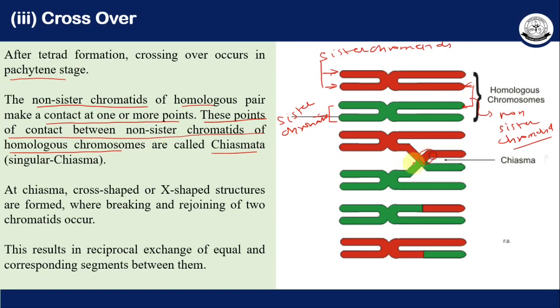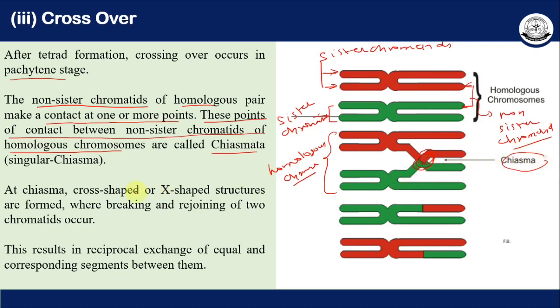So this is a chiasma, where there is a contact between two non-sister chromatids of homologous chromosomes. These two are homologous chromosomes, and between homologous chromosomes the non-sister chromatids are making a contact, and that contact is called chiasma or chiasmata.